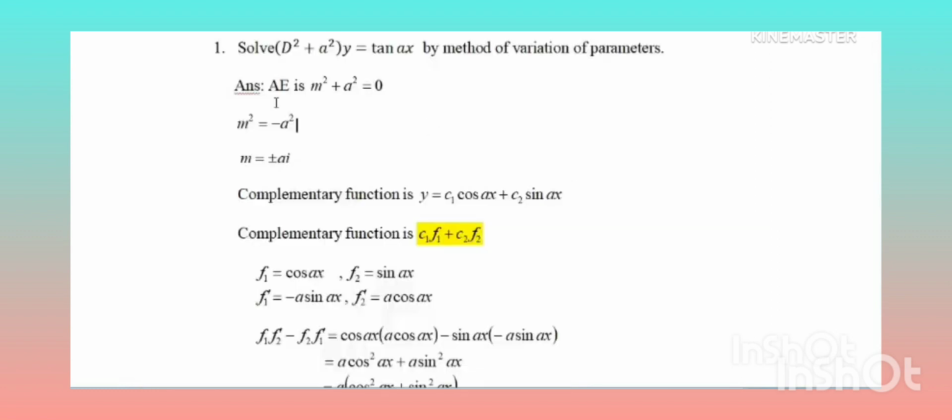For this problem, you have to find the auxiliary equation. What is the auxiliary equation for this problem? m square plus a square is equal to 0. As I explained in the previous problem, the same. m square is equal to minus a square, so m is equal to plus or minus ai.